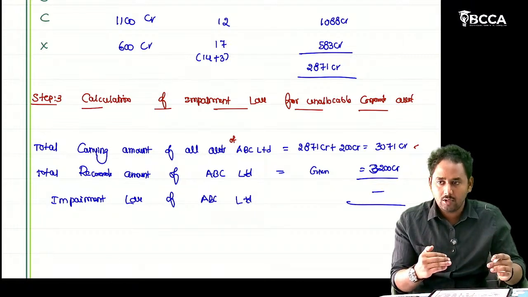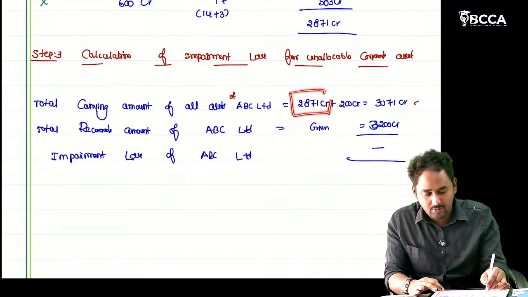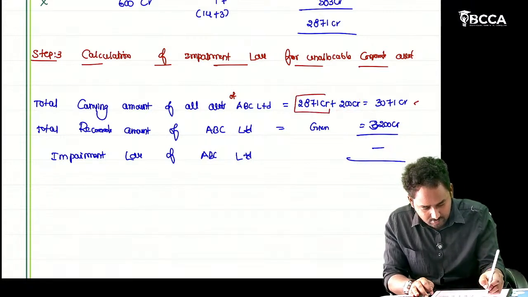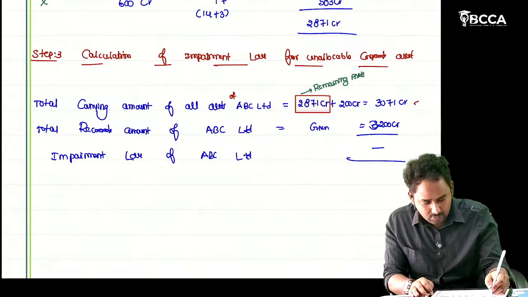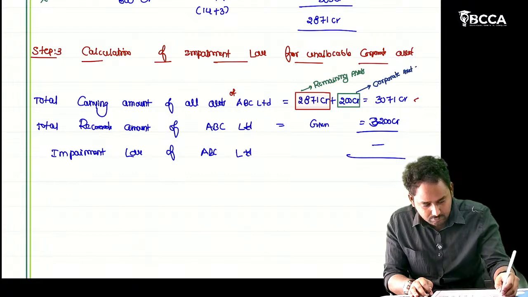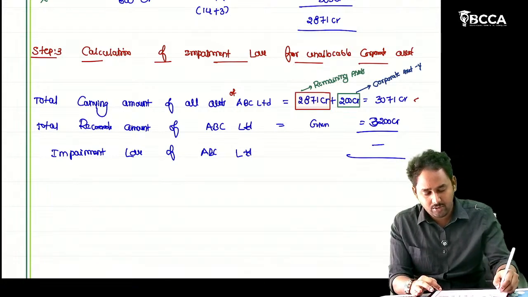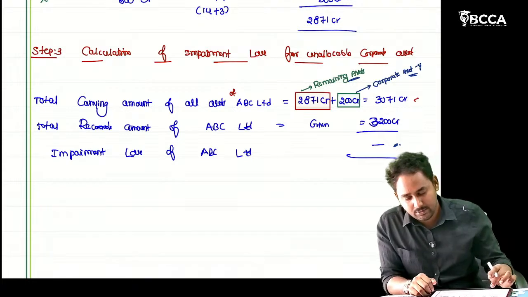If at all impairment loss is there, this impairment loss should be allocated between the remaining assets and corporate asset Y in proportion to their carrying amounts.